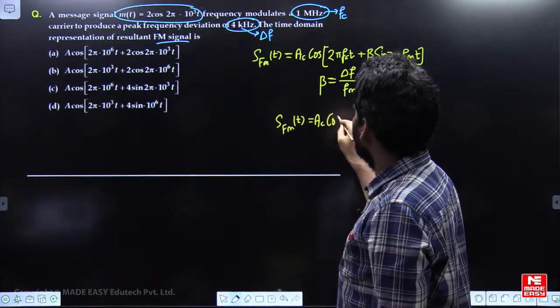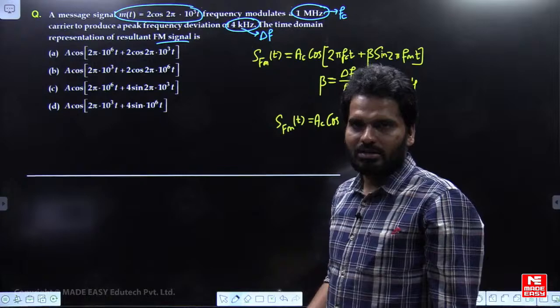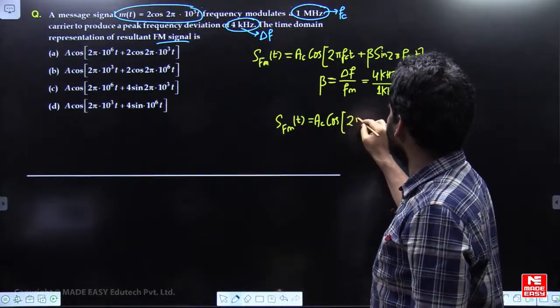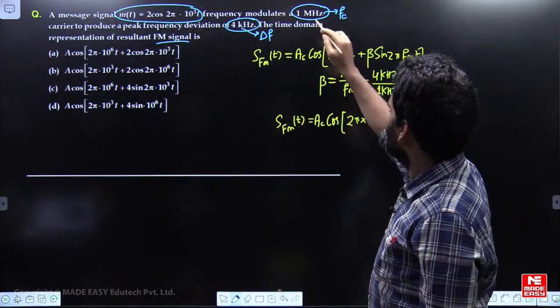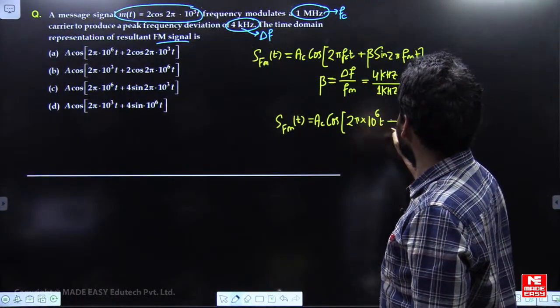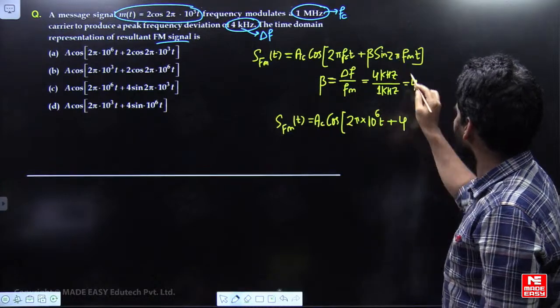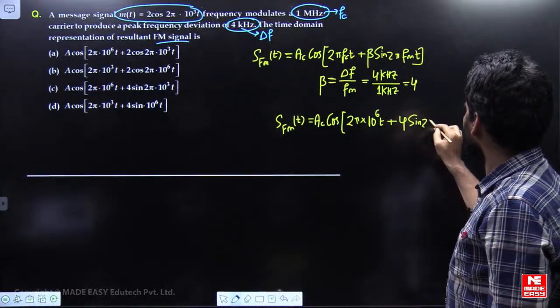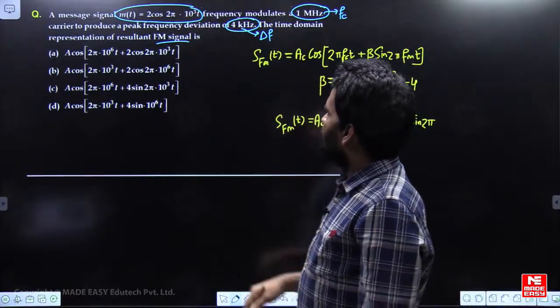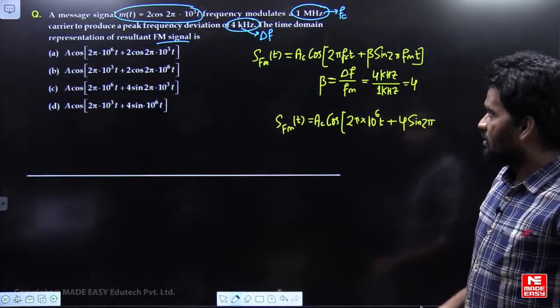Ac, the carrier amplitude is not given, so I am just keeping it as Ac cos 2 pi fc, 1 megahertz, or I can say 10 power 6 t, plus beta is 4 sine 2 pi fm, message frequency is 10 power 3, compared with cos 2 pi fm t.